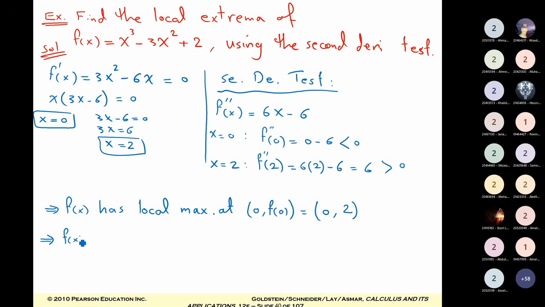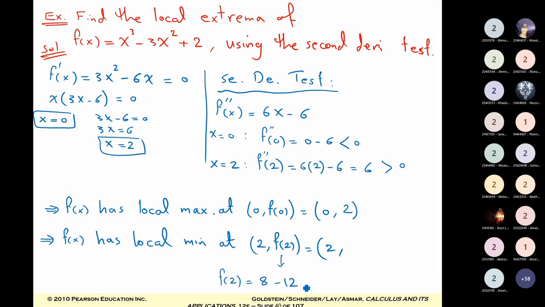So f of x has a local minimum at 2, and f at 2 we find by substituting 2 in f of x: 8 minus 3 times 2 squared, 4 multiplied by 3 is 12, negative 12, plus 2, so we have minus 2. So this is the maximum and this is the minimum. Any question?